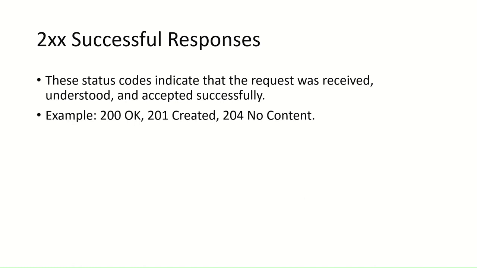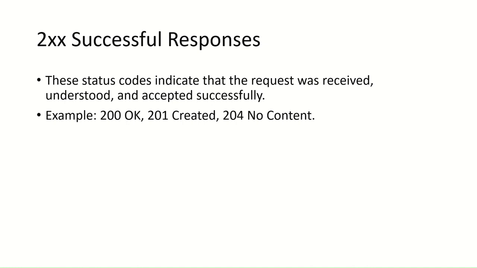Let me discuss the 200, 201 and 204 HTTP status codes in brief. Let's say you have developed one GET API and the client hits that and gets the response. In that case you have to use the 200 HTTP status code, which is the OK status code. Let's say you have developed PUT and POST APIs and the client hits them and gets the response. In that case you have to use 201, which is the created HTTP status code.